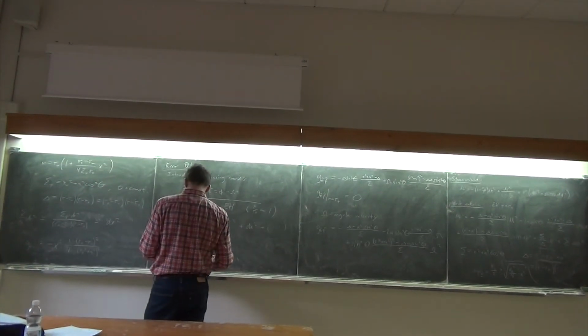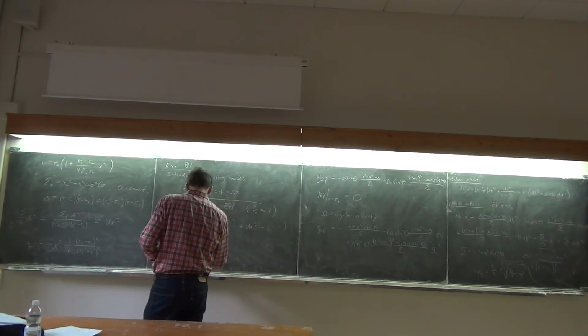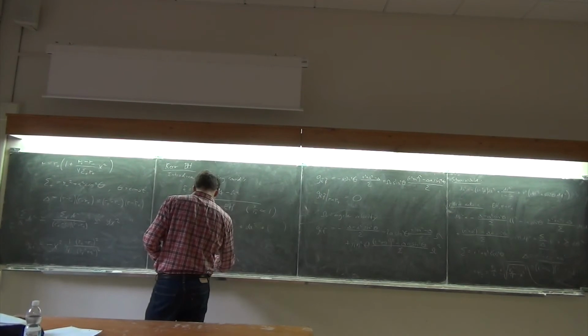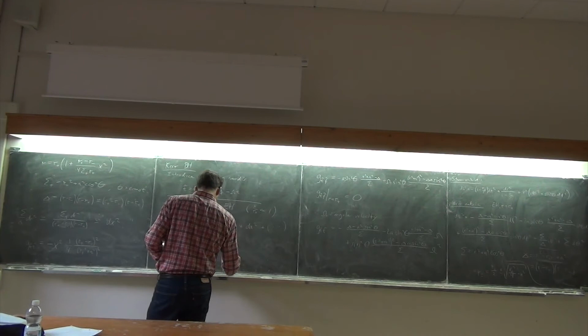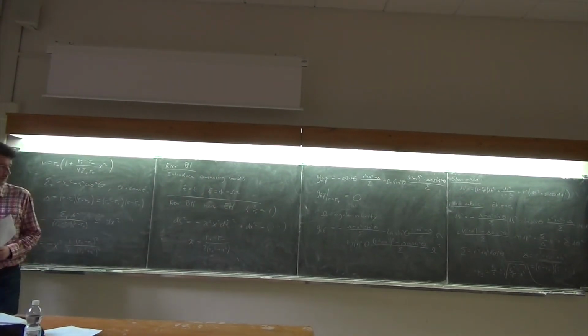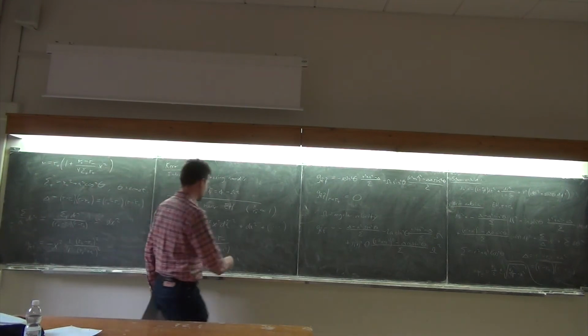So kappa, being the surface gravity, is just r plus minus r minus over 2 times r plus squared plus a squared. So then you get the surface gravity for the Kerr black hole.